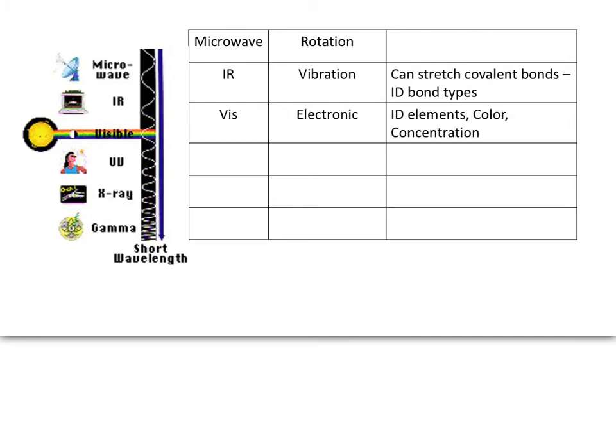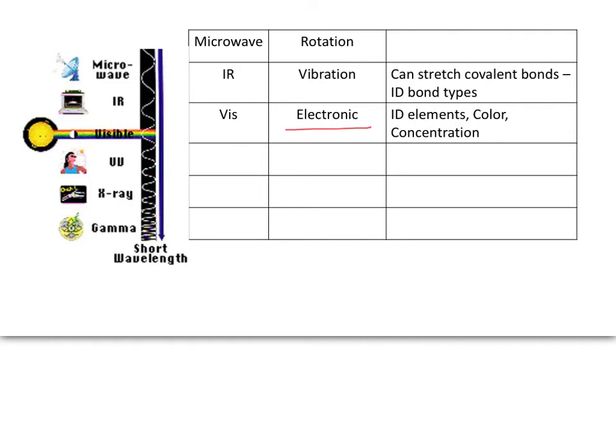Okay, visible light, we know, can be used to cause electronic transitions. Just visible light is enough to cause electrons to jump from their ground state to their excited state and to fall back to their ground state, releasing colored light. Right? That's how we see colored things.